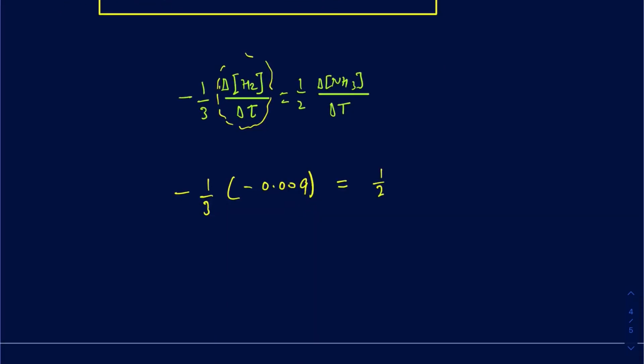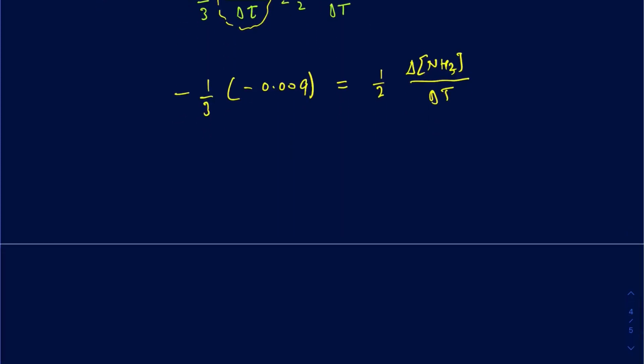1 over 2, the rate of appearance of NH3 divided by the time, and you can just do the rearrangement there, do your math. So multiply both sides by 2, it's going to be negative 2/3 times 0.009 equals delta NH3 over the time.